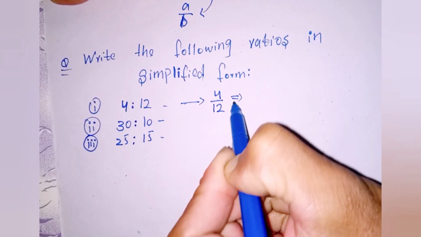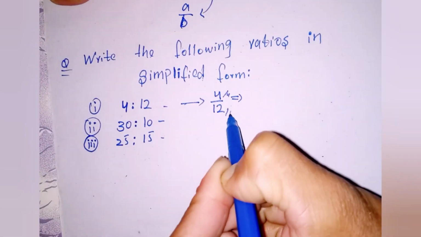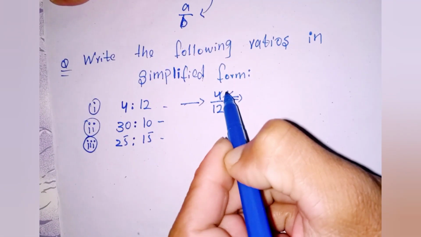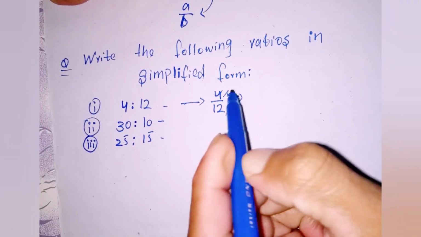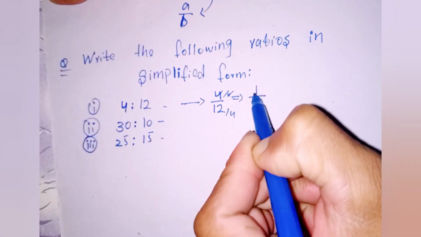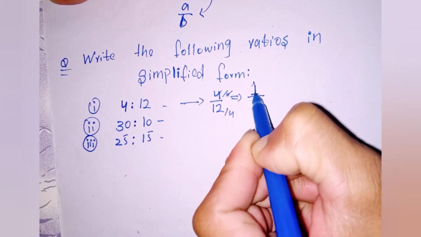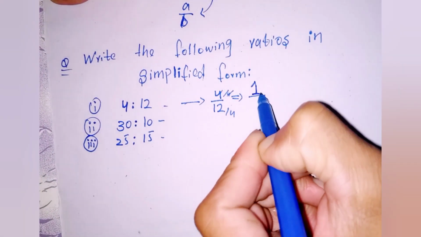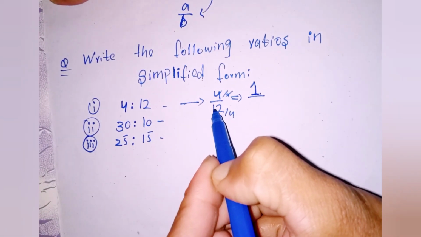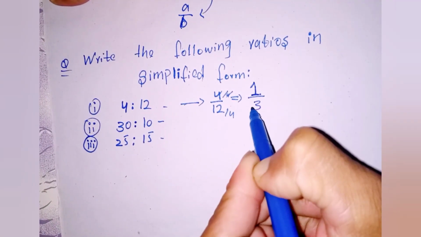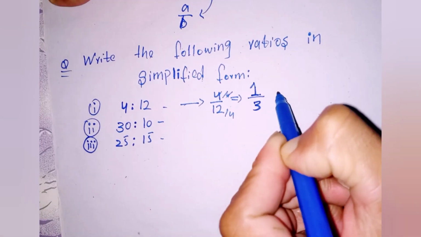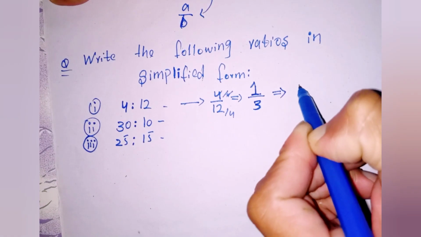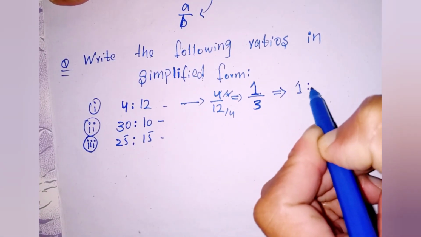Now if you divide both sides by 4, 4 cancels with 4, so from the numerator we get 1, and if we divide 12 by 4, we get 3. So this is the simplified form. If we want to write it as a ratio, it becomes 1 ratio 3.